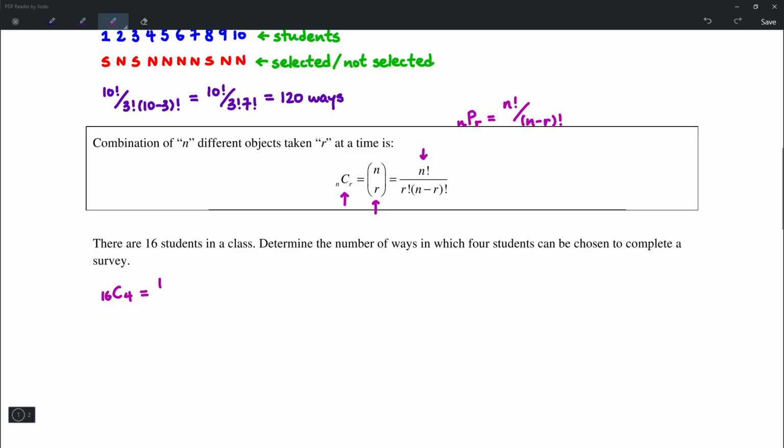Then we apply the formula 16 factorial divided by 4 factorial times 16 minus 4 factorial, which can be simplified to just 16 factorial over 4 factorial times 12 factorial. And using a calculator, this is 1,820 ways that 4 students can be selected out of 16.